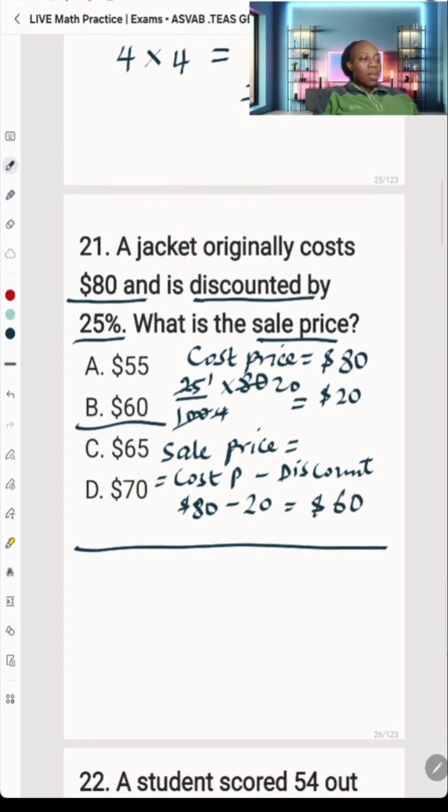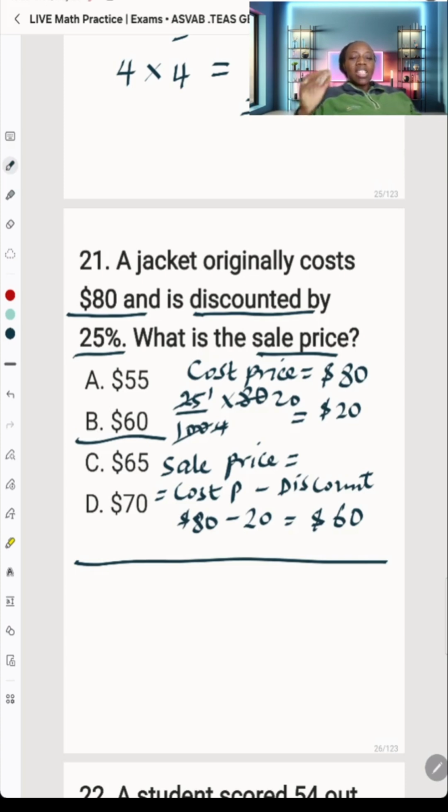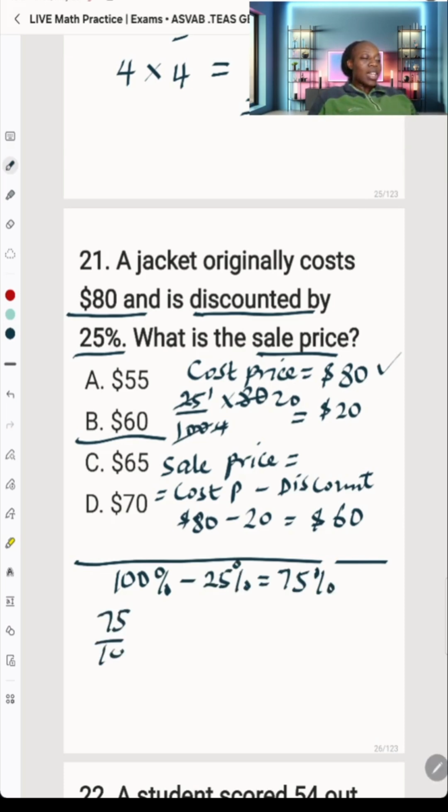Another way will be, let the original be 100%. Original 100%, then negative 25 as discount, right? What is this? 75. So we now do 75 over 100 of 80. We can cross out the zeros.